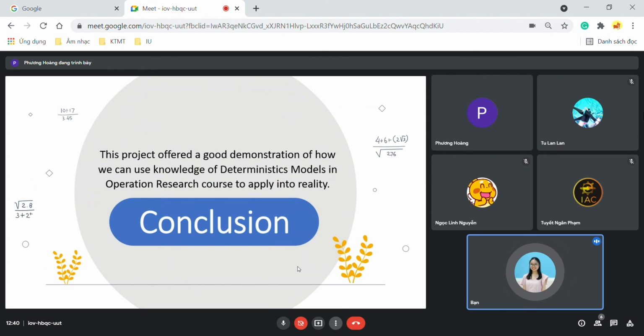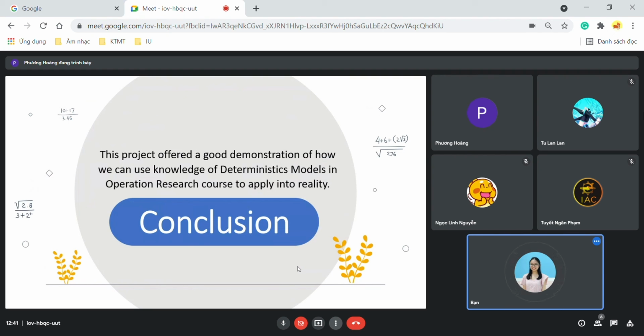Finally, I will wrap up our presentation. This project in general has offered a good demonstration of how deterministic models in the operations research course can be applied in reality. Not only can small problems be solved, but large-scale issues of companies and corporations, in which data can reach thousands of units, can also be converted into specific mathematical models through decision variables and constraints.